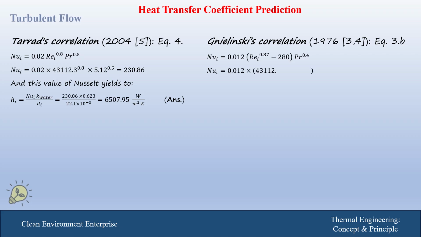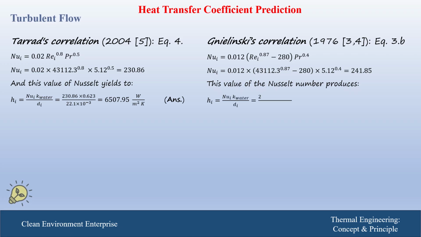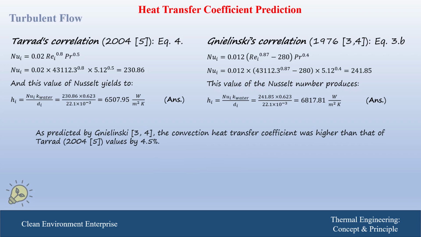Then if we substitute the corresponding values of the thermal properties in terms of density, specific heat, viscosity, then the Nusselt number will be 241.85, and we may use the definition of Nusselt number to get the heat transfer coefficient of water to be 6,817.81 watt per meter square Kelvin, and from these values we may see that the convection heat transfer coefficient as predicted by Januszky was higher than that of the Rads correlation by a value of 4.5%.